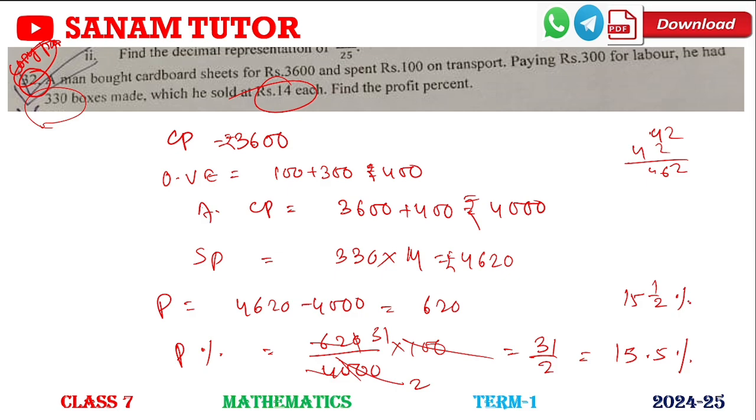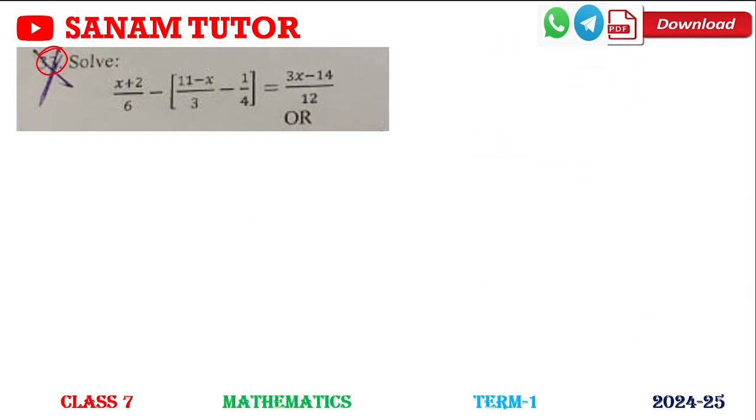Okay. Next question. This is a linear equation. So how to solve? First, the same question, repeat the question. x plus 2 by 6 minus, take LCM as 12, 3 fours are 12, minus 4x, minus 3 equals 3x minus 14 by 12.